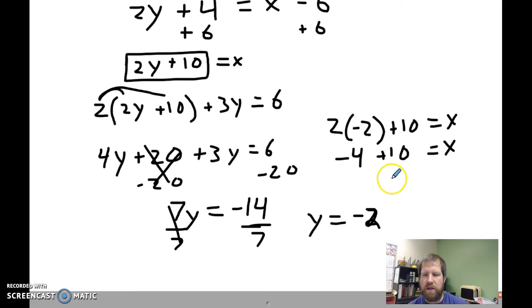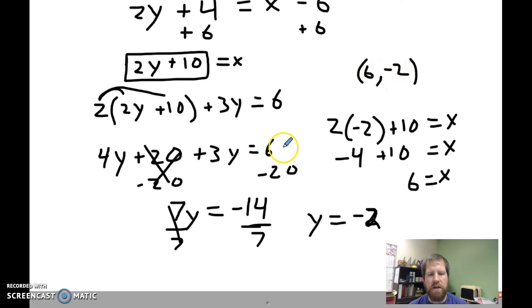Negative 4 plus 10, or 10 minus 4, is 6, is equal to x. And there I'd have my coordinates, my ordered pair. 6, negative 2 would be my solution.